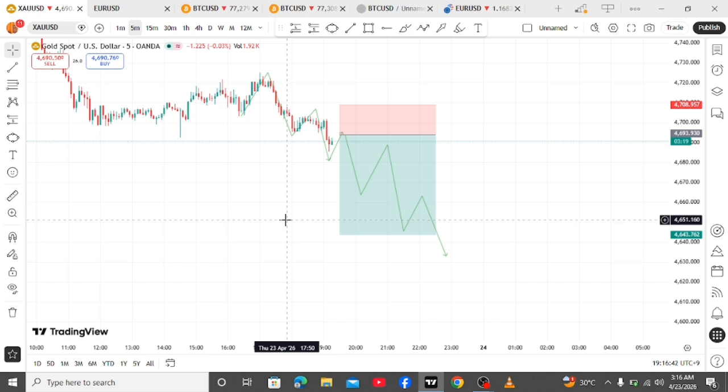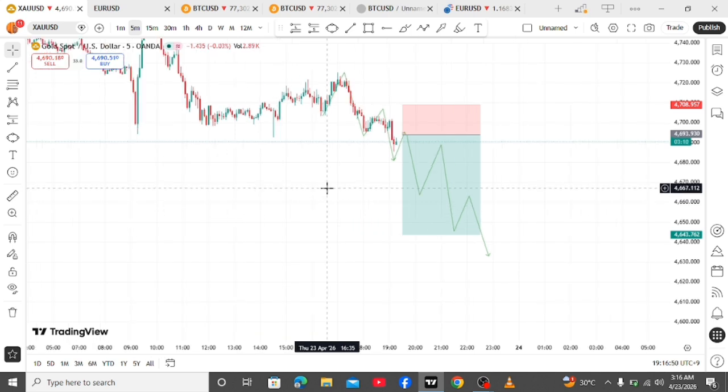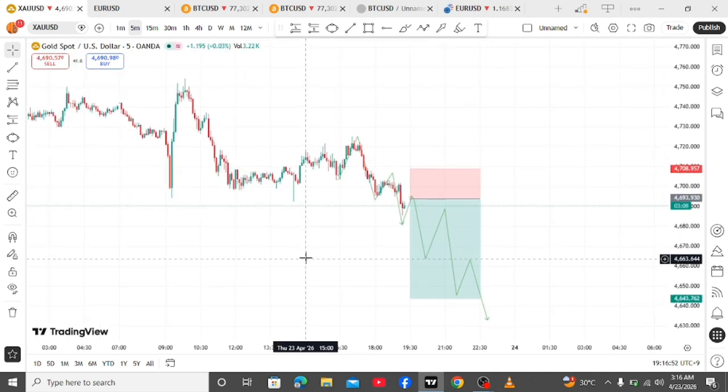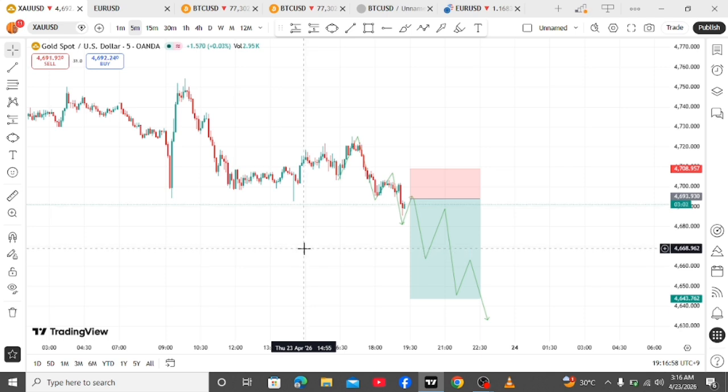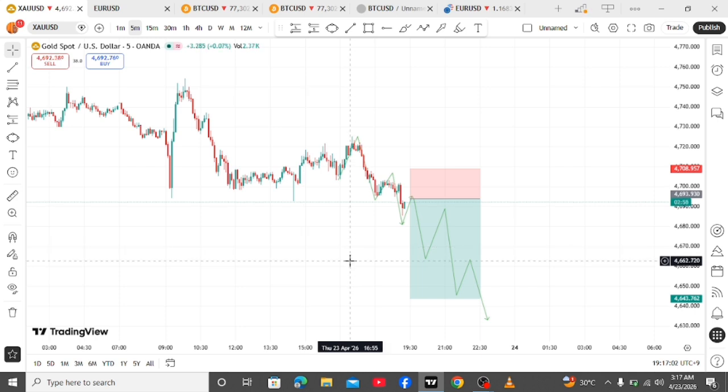So this is how the market moves in the real charts, making higher highs and higher lows in an uptrend, lower highs and lower lows in the downtrend. So my advice for you is that you should try analyzing the market more often, from time to time, so you get used to how the market really moves.